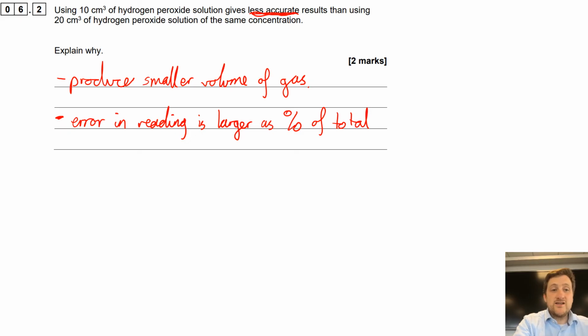So if I say it's 10 instead of 9, it's a decent percent, that's 10% of the value. But if I say it's 19 instead of 20, that's straight away a smaller percentage, it's 5% instead of 10%. So the error in reading is considerably larger as a percentage if we're using smaller numbers.